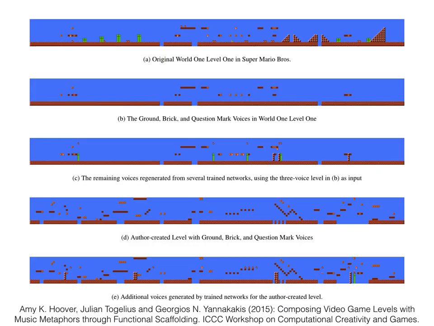Here are more game levels. So we have the original World 1, level 1, and we trimmed away all the voices except the ground, brick, and question mark blocks. And we tried to regenerate the rest of the voices. And the result was nothing like the original level, but it was still playable and potentially interesting.